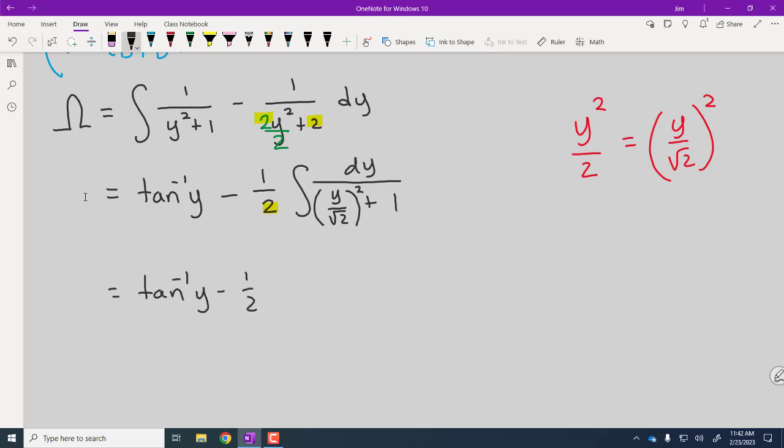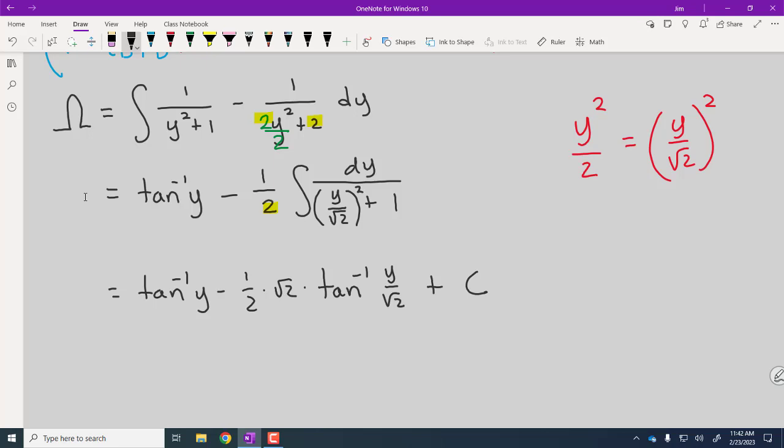So this is minus 1/2. I'm going to leave space. Remind myself RCR, because that is not just y down there. If it's not just y, there's going to be an RCR. You could do the RCR right now if you wanted, but I usually just wait. So this is going to be arctangent of y divided by the square root of 2, plus an integration constant. What's going to go in our RCR spot? Root 2. The derivative of what's in here is 1 over root 2.